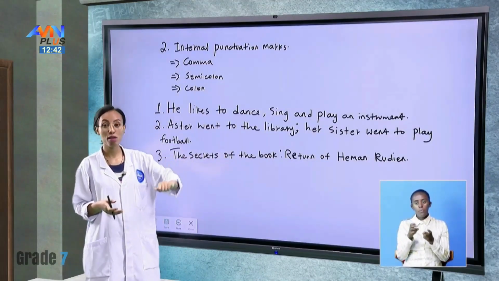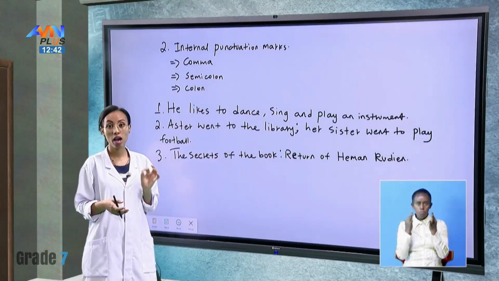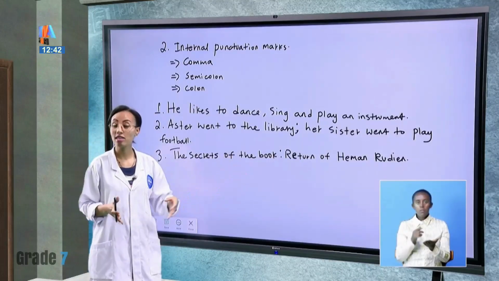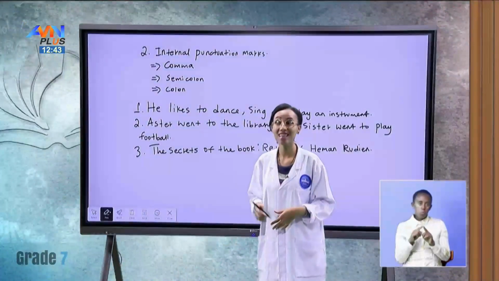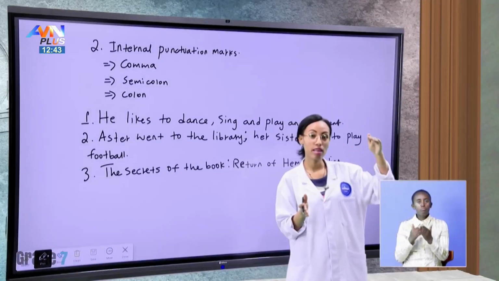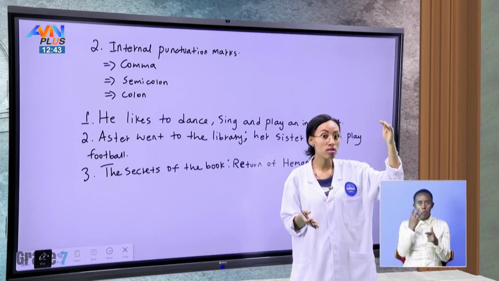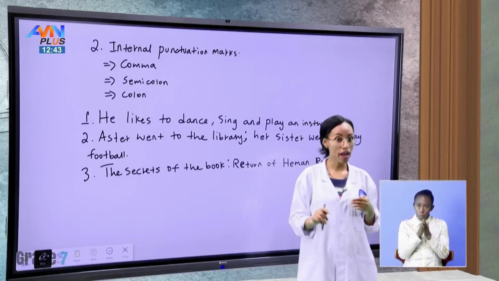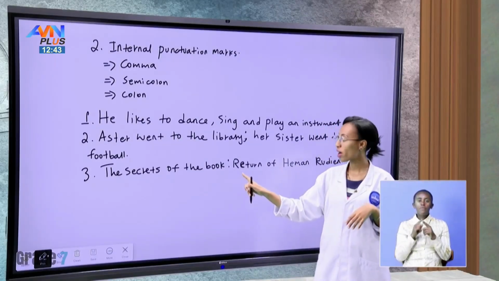But what comes after is what? It's showing us a specific type of the book. This book, The Secrets of the Book, is, let's say, a series or a trilogy. That means it is not a one-book series. We have, let's say, 4 books that are titled The Secrets of the Book, but each has a different subtitle. So in order to show that, we used what?